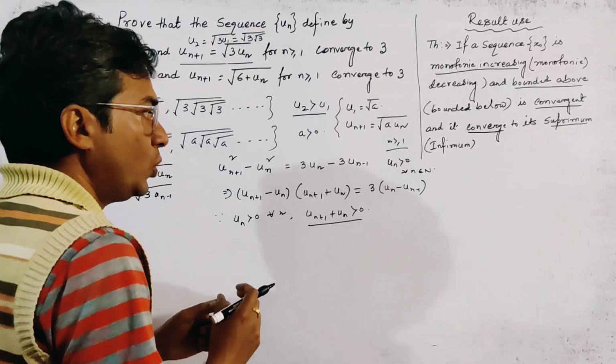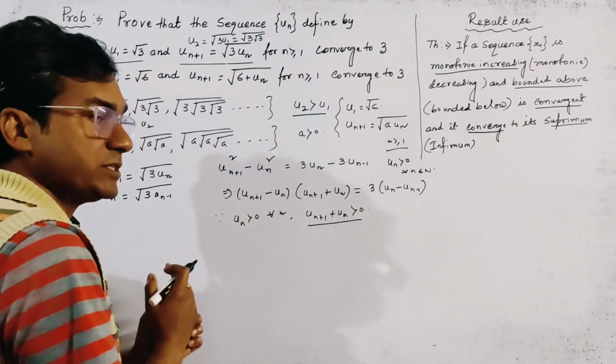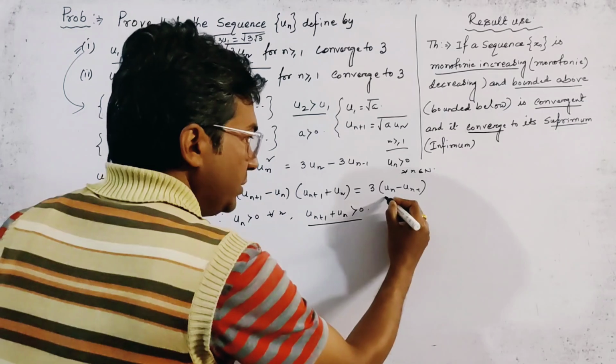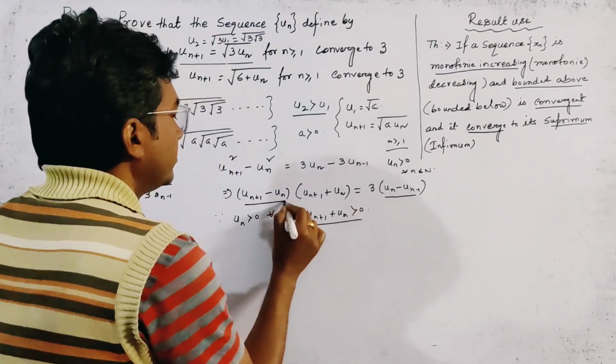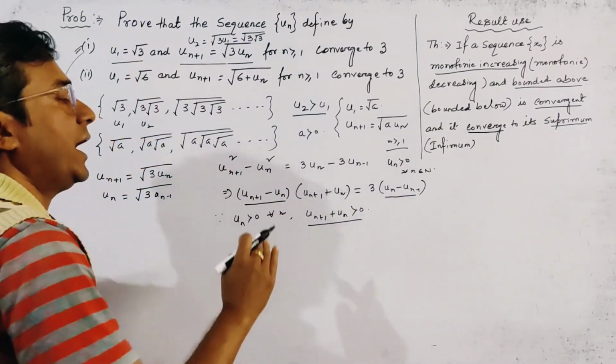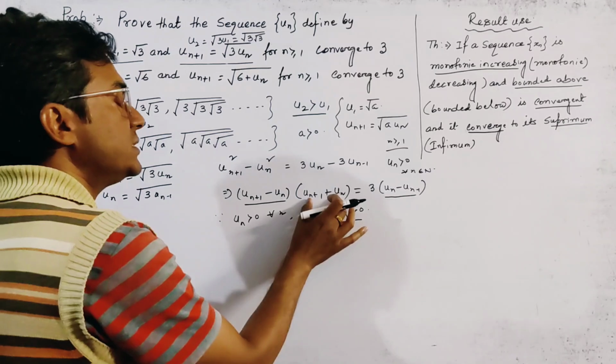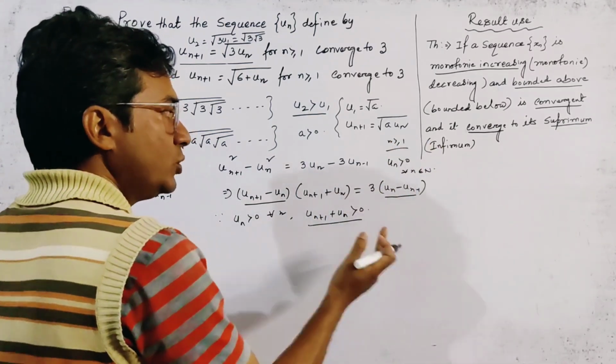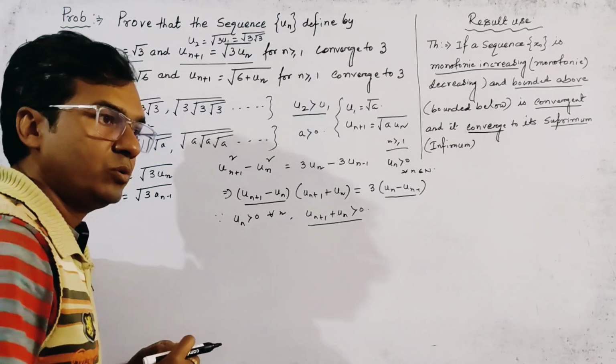So the sign of the left side and the sign of the right side depend only on these two terms. Since this is positive, if the right side is greater than 0, then the left side is also greater than 0.